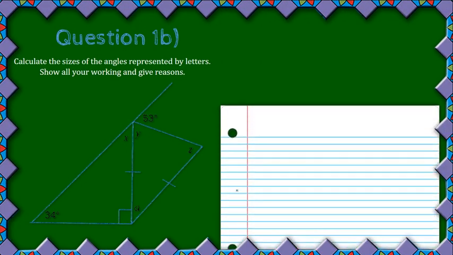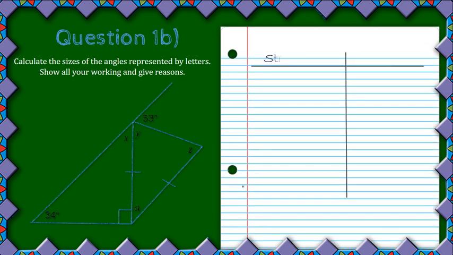Then for b, the question says calculate the sizes of the angles represented by the letter, show all your working and give reasons. So over here we see we've got A, X, Y, and Z. The easiest one, which we can already see to start with, is X over here, because we've got the other two angles of this triangle.